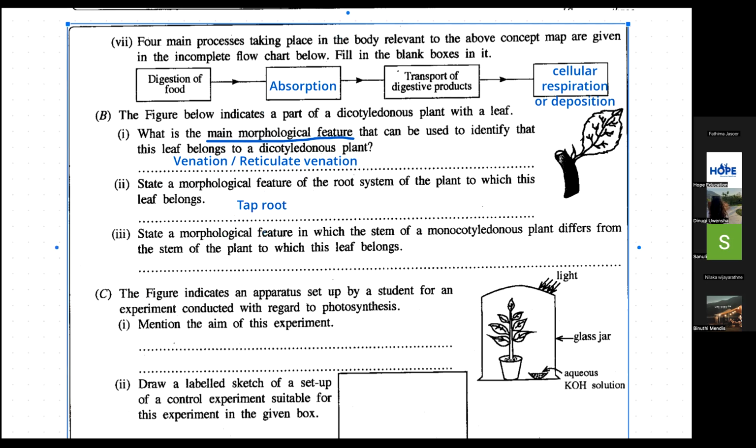State a morphological feature in which the stem of a monocotyledonous plant differs from the stem of the plant to which this leaf belongs. So this leaf belongs to a dicot stem, right? What is a morphological feature of a monocot stem, with regard to how it differs from a dicot stem?